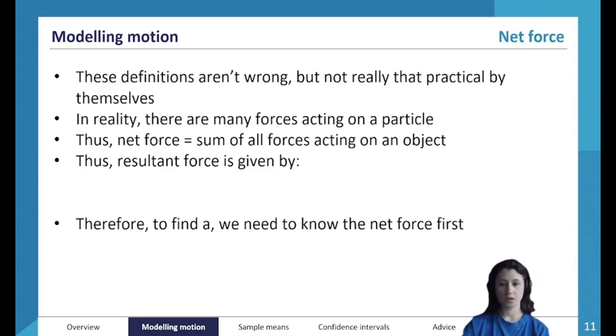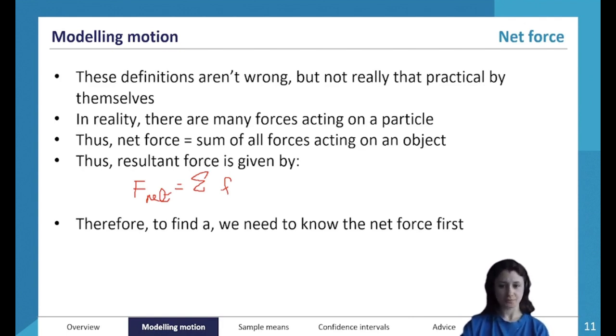So, the resultant force, F net, is the sum of all of the forces. Alright? So you need to add up all of the different forces, including their magnitude and also including the direction of all of those forces.